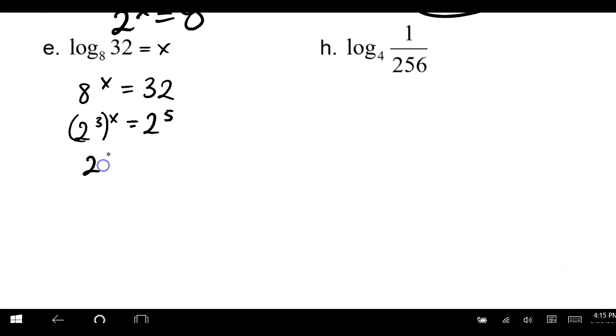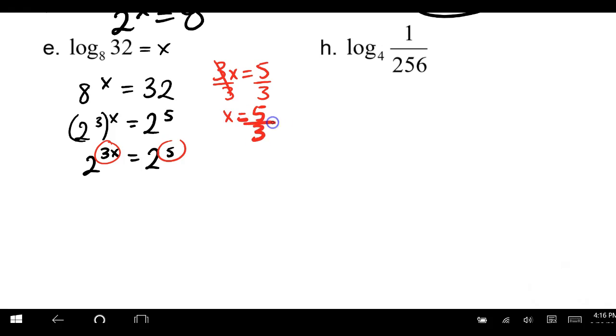Okay, so now we'll do 2 to the 3 times x, which is 3x, and then 2 to the 5th. And then take those exponents, 3x and 5, and let's set them equal. 3x equals 5. Divide both sides by 3. x equals 5 over 3. There we go.